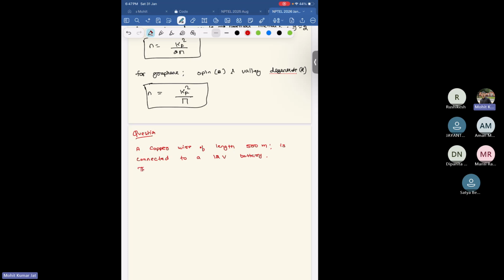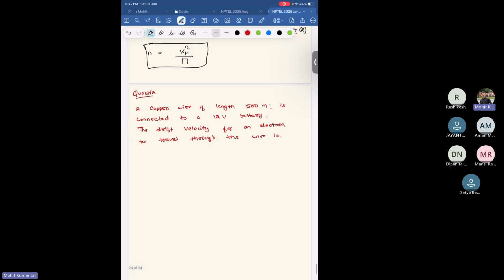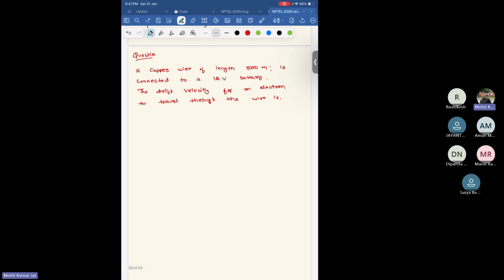And the drift velocity for an electron to travel through the wire is closest to... Is there anyone who wants to address how to approach this problem?